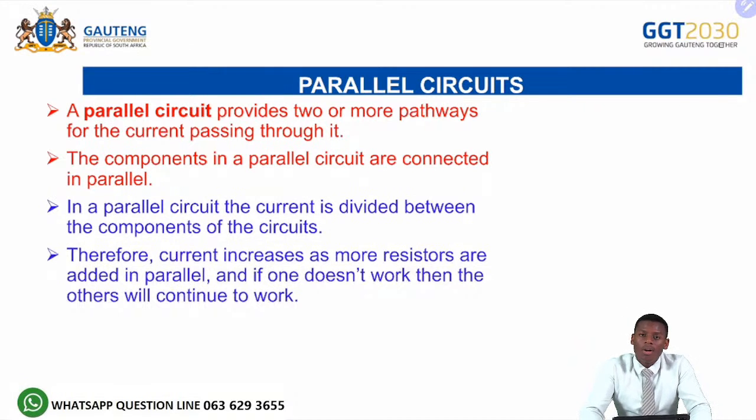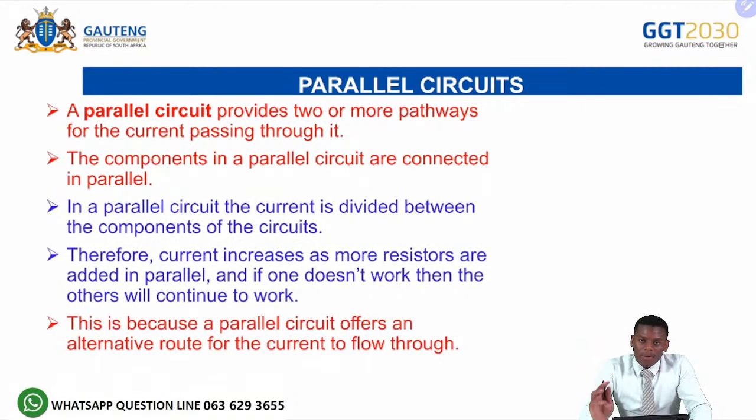Like I've shown you on our circuit diagram with two bulbs, if you remove one bulb, the other will continue to work, and the current will increase even if you add more bulbs, because bulbs also act as resistors. This is because a parallel circuit offers an alternative route for the current to flow through it. We will also show more examples of that.